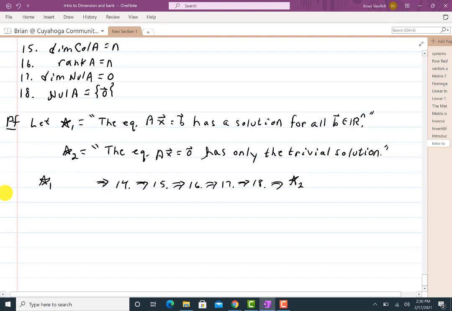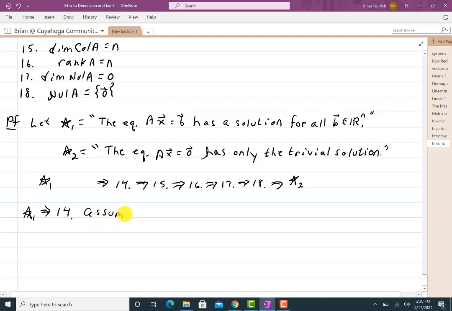So I'm going to start with star 1, which is in the original list, go 14 through 18, and then back to star 2, which was also in the original list. Since star 1 and star 2 were already proven equivalent in the original list, once I do this, I will have shown that 1 through 12 is also equivalent to 14 through 18. So let's start with star 1 implies 14. These are all really quick, short things.